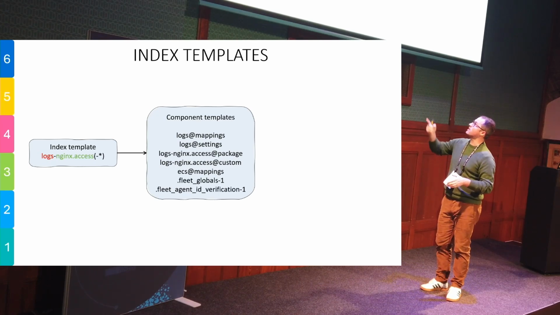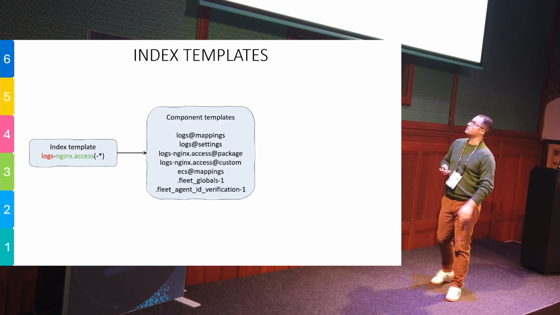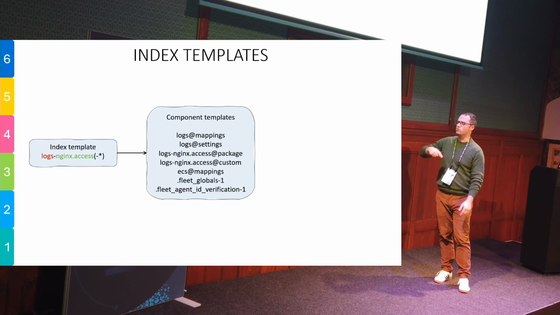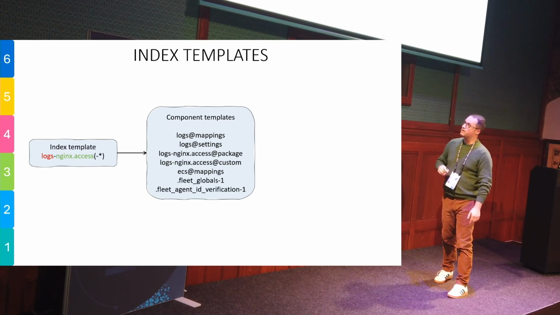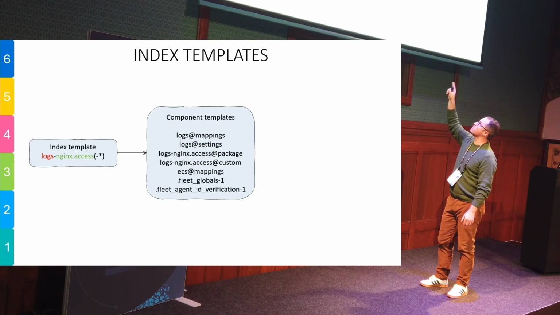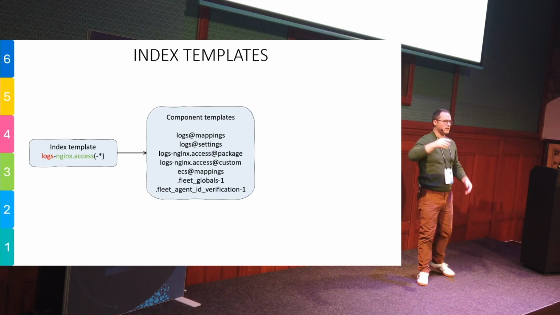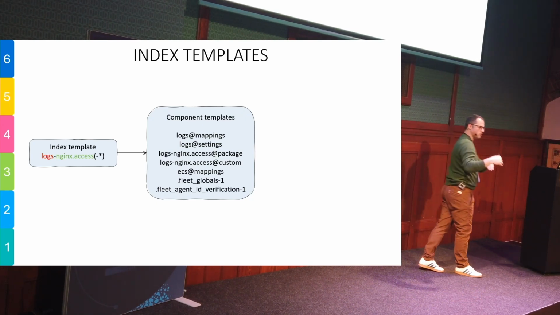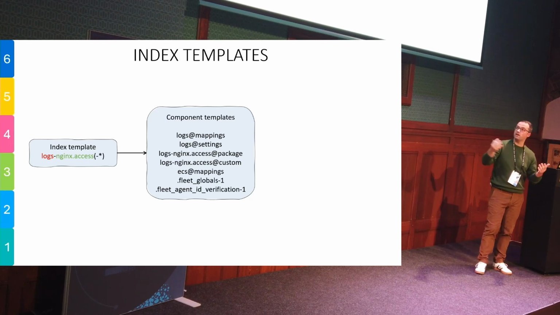In this case, the fields that are present in Nginx access will be put into the index. And the index templates, in turn, are composed of component templates. They get merged and then put into the index templates. And then they can be used.